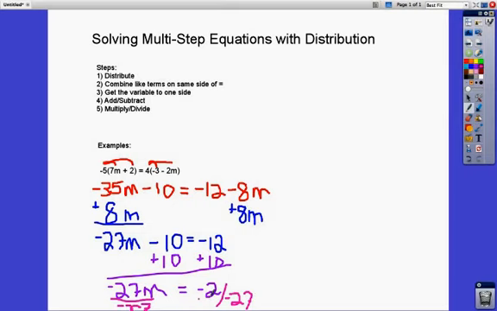We can't even reduce the fraction. All we can do is get rid of the negatives because a negative divided by a negative is a positive. So our answer is m equals 2 over 27. Okay. And it's okay to have a fraction. Most of your problems today will have fractions on them.